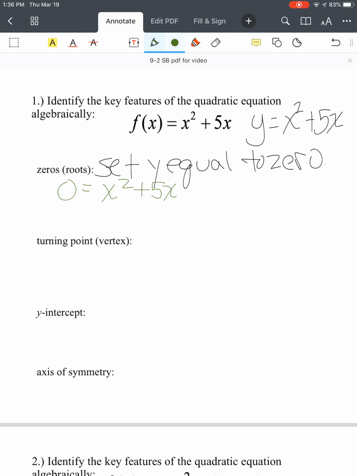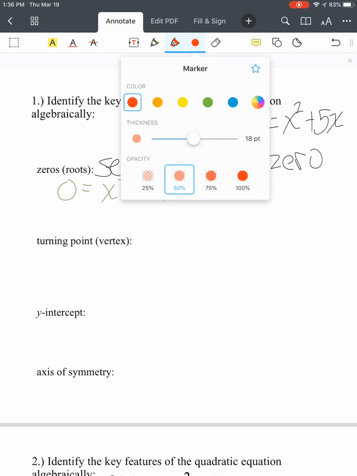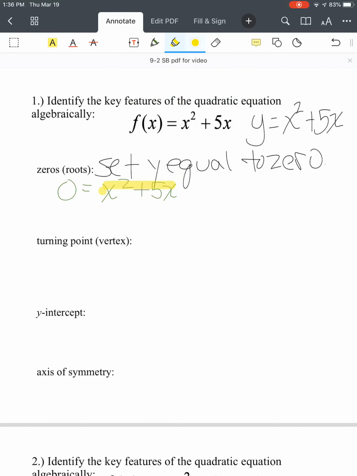So I need to look at x squared plus 5x and ask myself, what kind of factoring is this? Here comes that factoring again. This is a GCF. So I'm going to factor out a GCF of x, and then I'm left with x times (x plus 5). Just going to rewrite it.